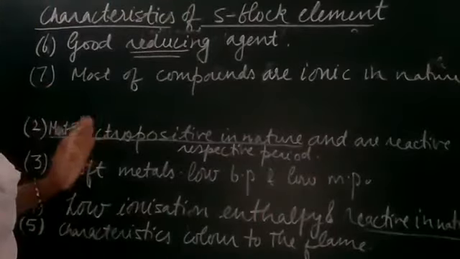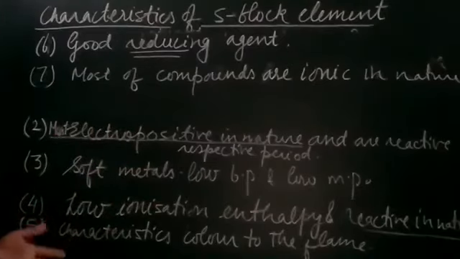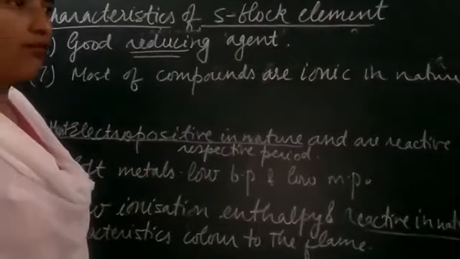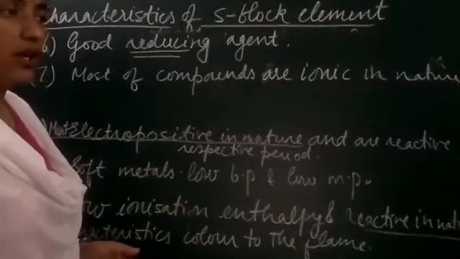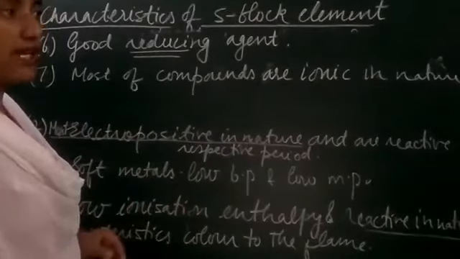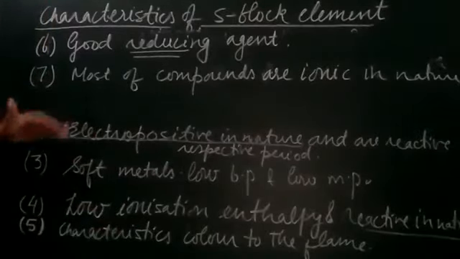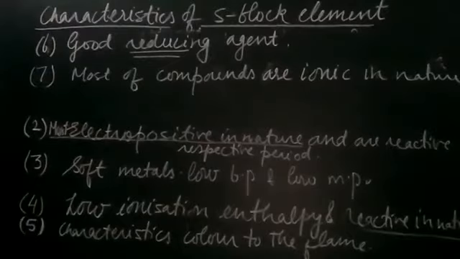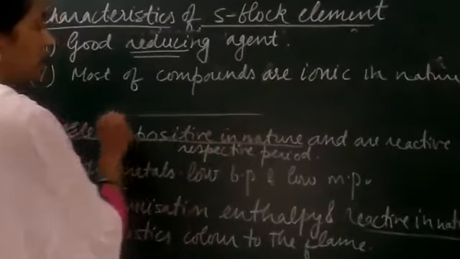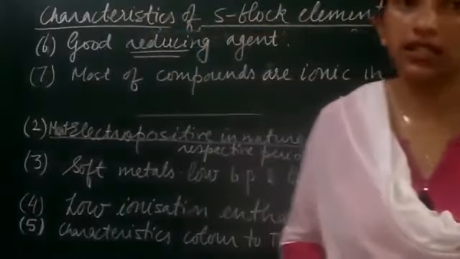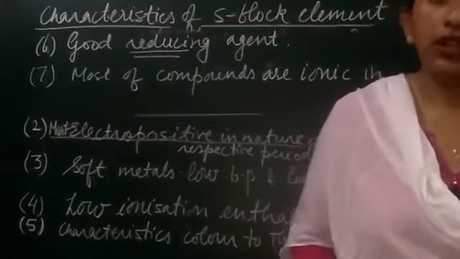Let it be sodium chloride, potassium chloride, sodium sulfate, potassium sulfate, right? Though the magnitude of the ionic nature will vary when you move down the group. So we are going to study in detail when we will go through the S block elements. Now till now, you have to just remember that most of the compounds that they form are ionic in nature, right? So these are the main characteristics of the S block element. So get it noted down in your notebook.